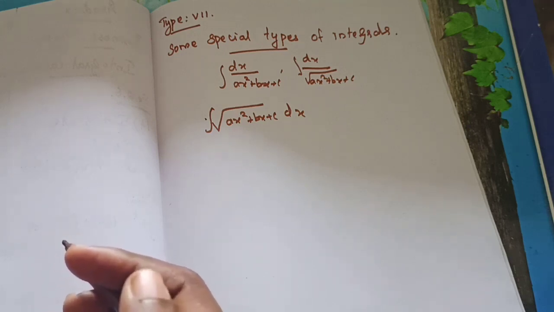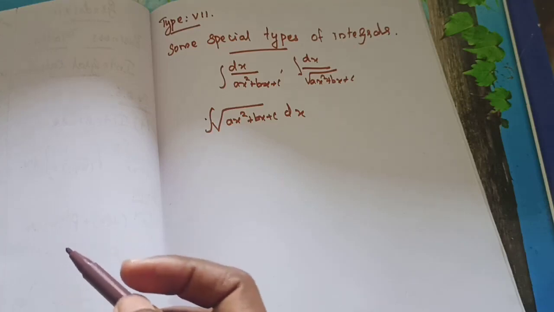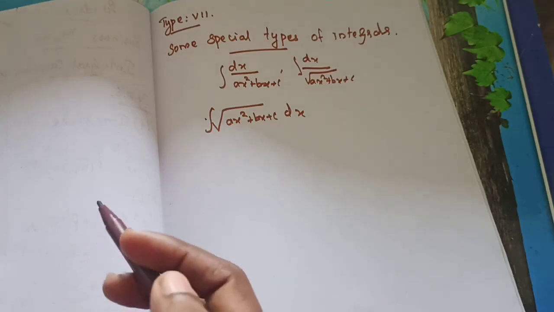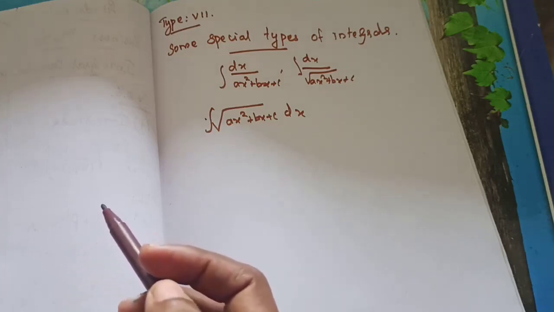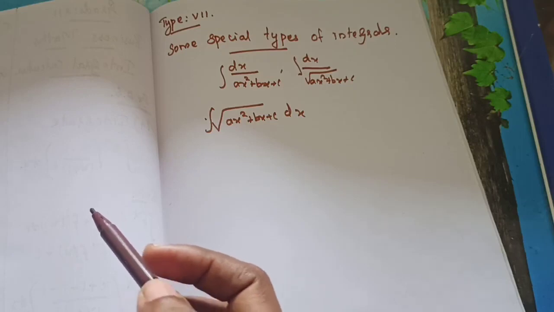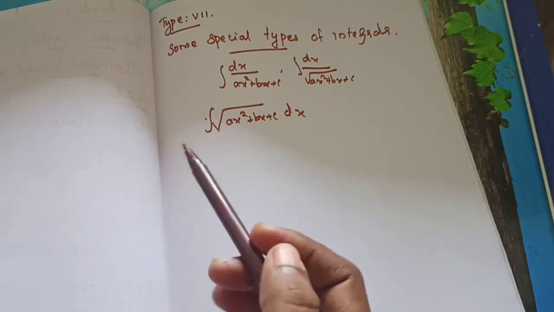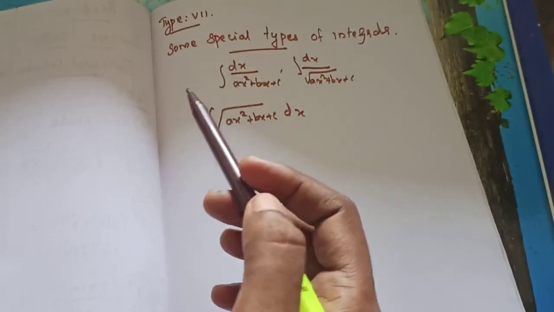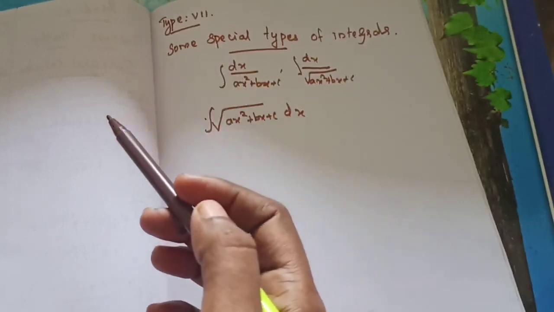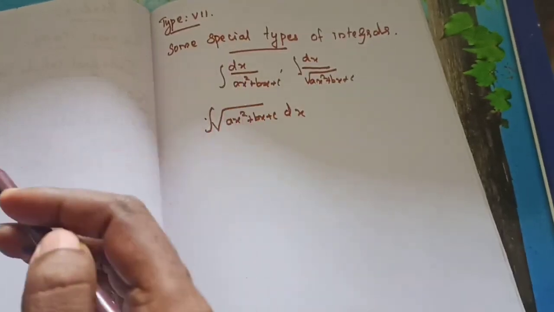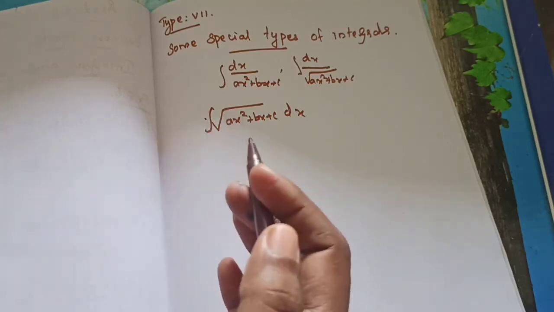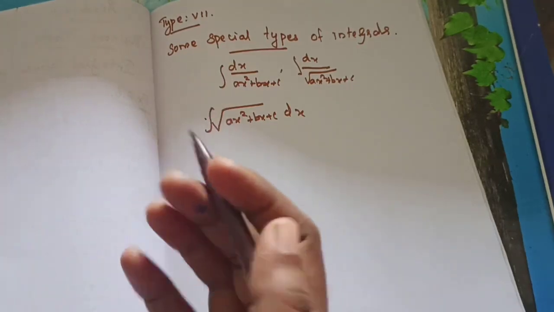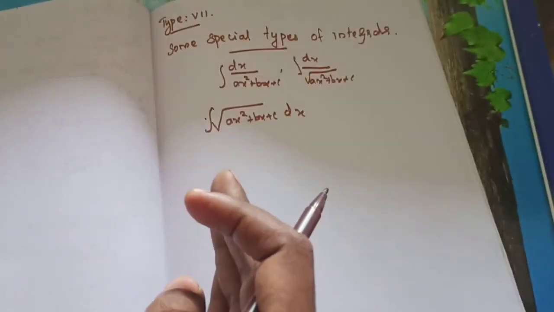Then one more thing is there. First we have to express the denominator as the sum or difference of 2 square terms by using the completing the square method. In 10th grade you learned the completing the square method, is it right? Many of them leave it; in the 3rd chapter we learn algebra, everything, but we leave the completing the square method.